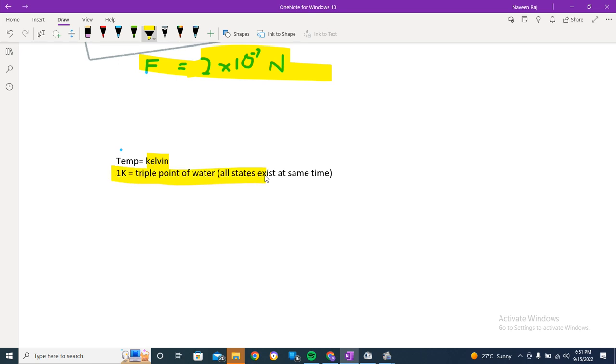Yes, triple point. You know what the triple point of water is? The triple point of water is where all three states of water exist, and there is a temperature for that.